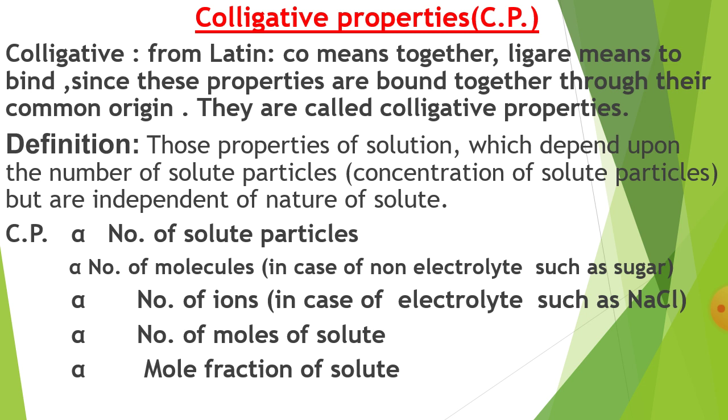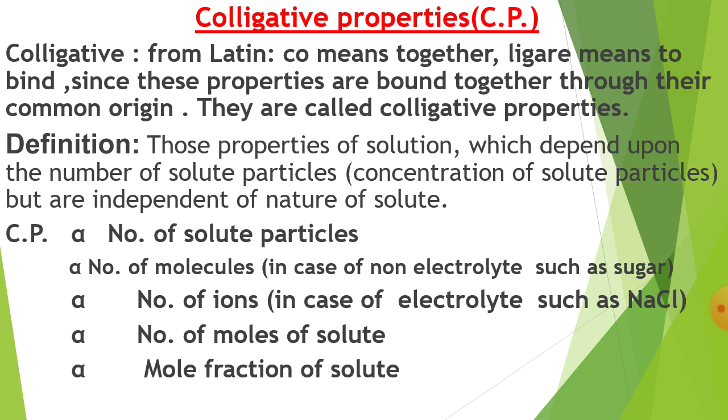Now we can summarize colligative properties and their dependence like this. Colligative property is directly proportional to the number of solute particles, either directly proportional to the number of molecules, in the case of non-electrolytes such as sugar, where the molecules may be 1 mole, 2 mole, 3 mole, or directly proportional to the number of ions, in the case of electrolytes such as NaCl and K2SO4.